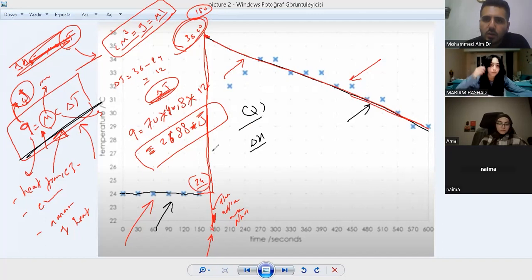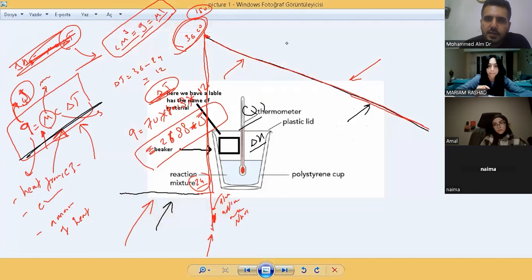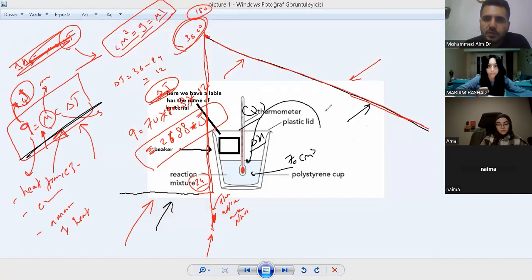Now, guys, look. Let me remind you of the previous polystyrene cup. Let me say that here we have 70 centimeter cubed of water, and we put in 4 grams of NaOH.